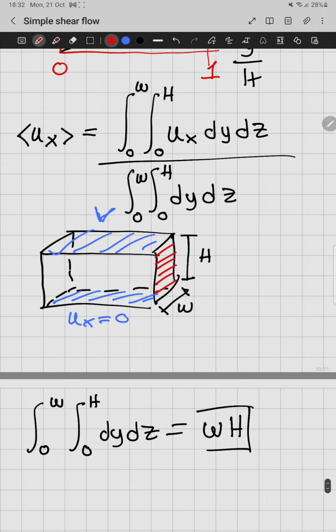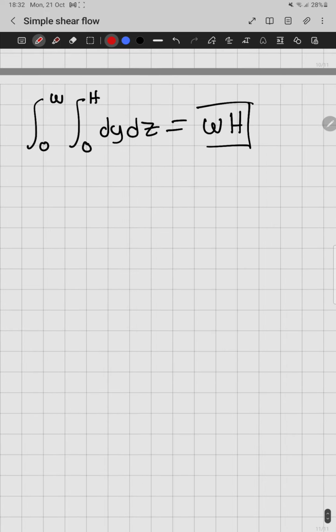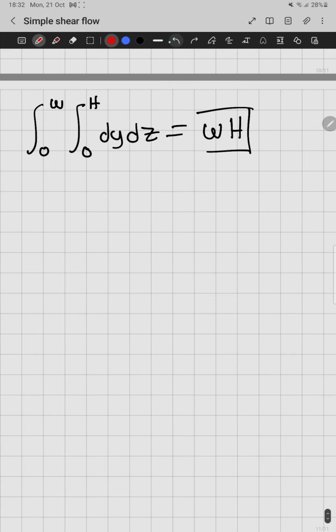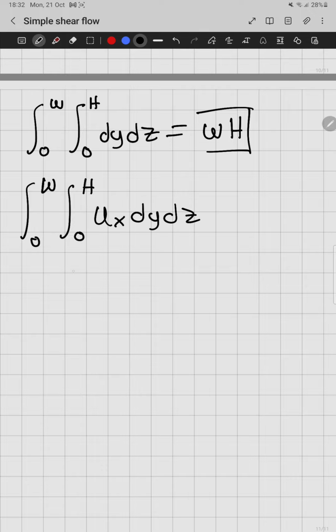And now the integral at the top. So ux, remember, is b over h multiplied by y.